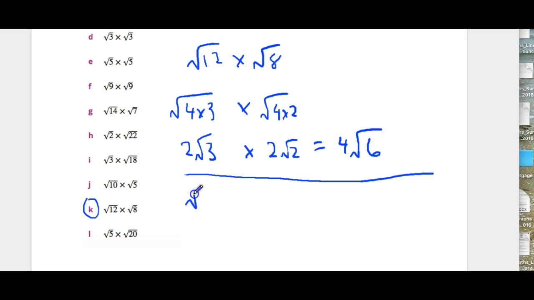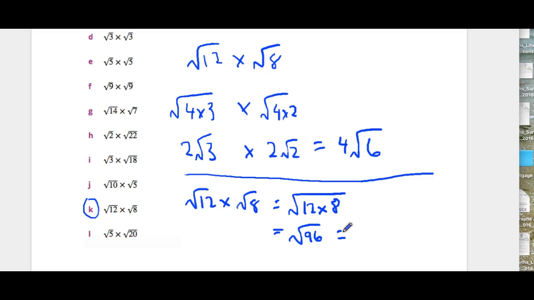The other way you can do it is to multiply your 2 numbers straight away. So 12 times 8 is 96, so the square root of 96. And then you're required to find the perfect square in 96. Okay, that's going to test me.